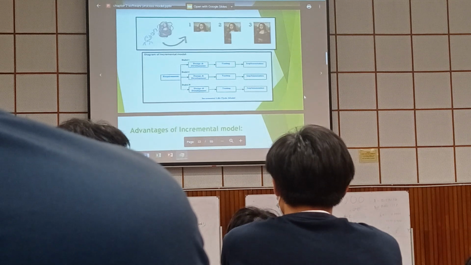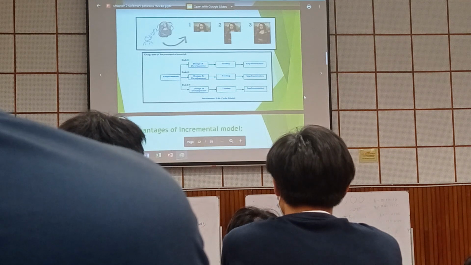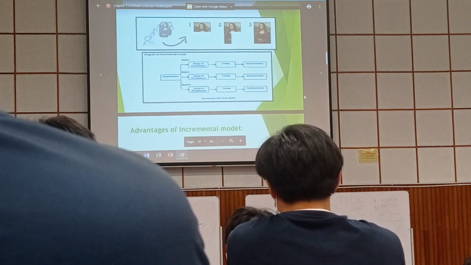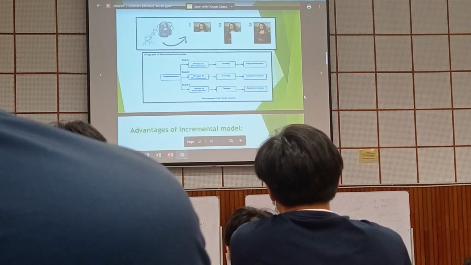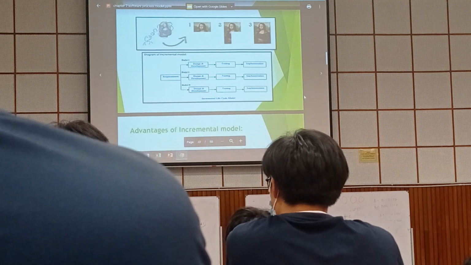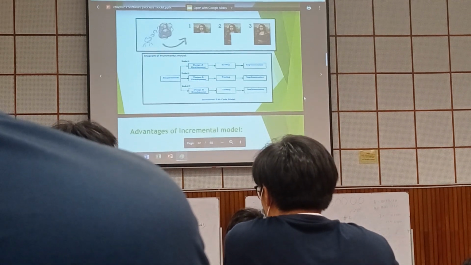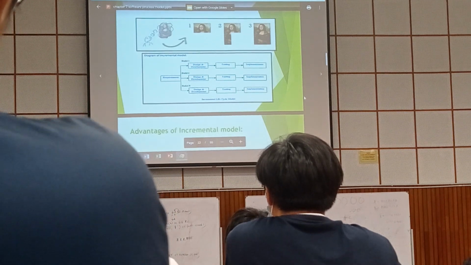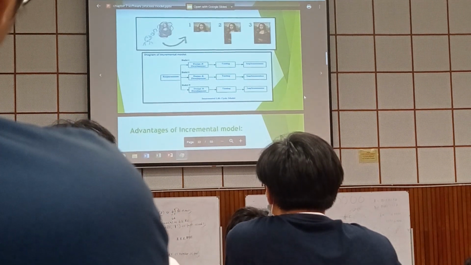You got it? So this is called iteration, looping. Got it? Any questions? Any questions, class? Later, because this is very important for your assignment, you need to choose the most suitable software process model for your proposed system.